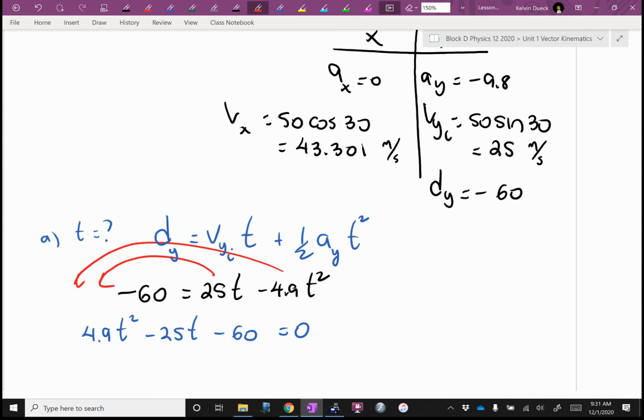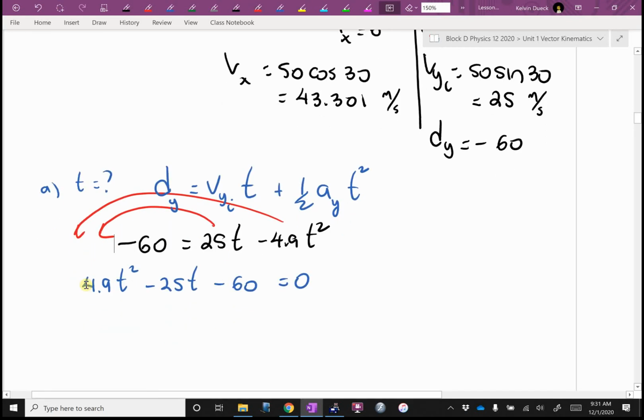This was the equation that I had to avoid with you all last year. Now, there is a workaround where we don't need the quadratic formula, and I'll show you that later in the lesson. But first of all, let's try it with the quadratic formula. What's A in this quadratic equation?